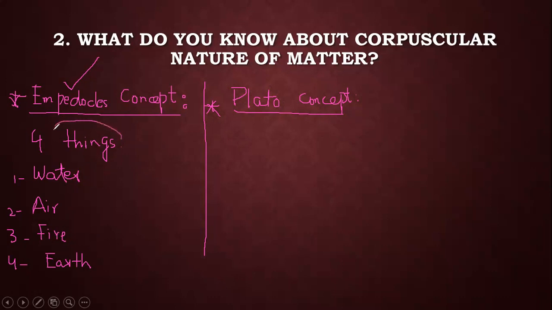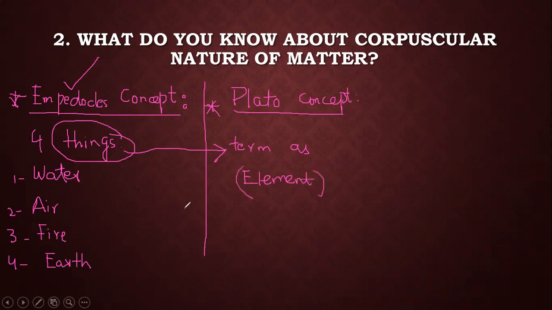But he names these things in a more uniform manner, terming them as matter, and this matter collection is known as element, that is made of these four: water, air, fire, and earth.